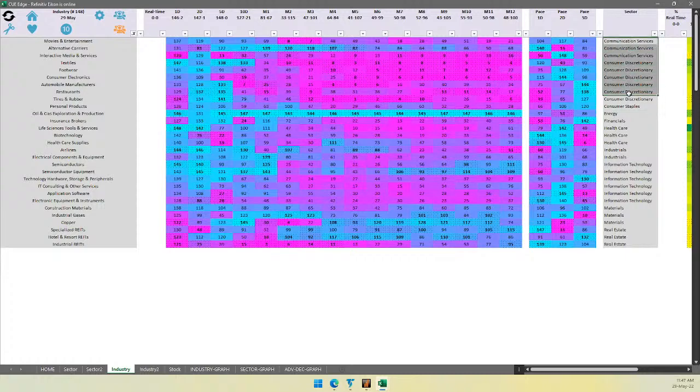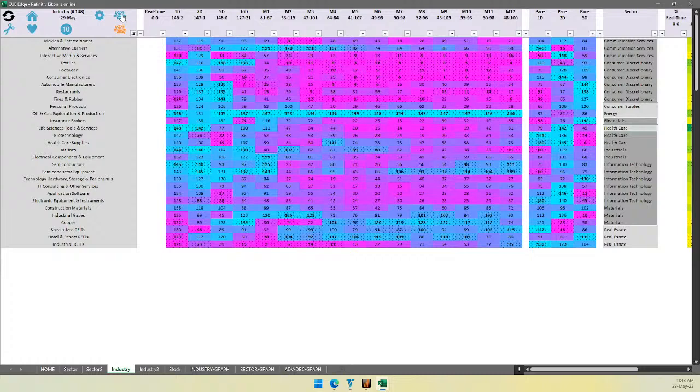So com services, consumer discretionary, let me avoid energy that may swing suddenly based on news coming from Ukraine. I choose financial, all the healthcare, industrials, infotech, materials. So I'm choosing the sectors that are non-defensive, excluding energy, and focusing on the industries that are among the top 20% industries on Friday.